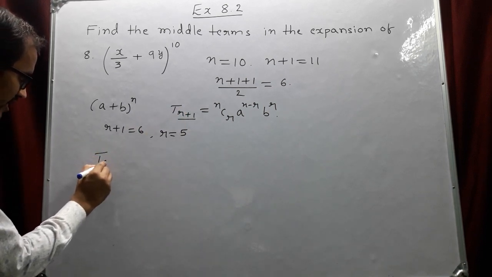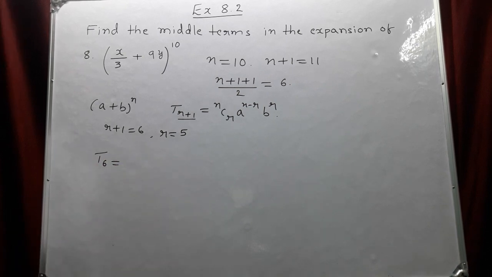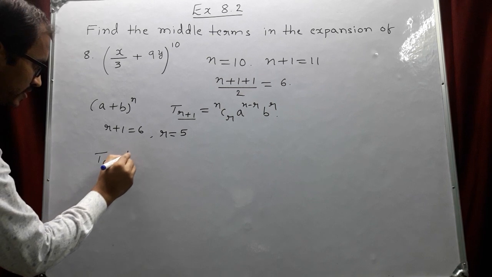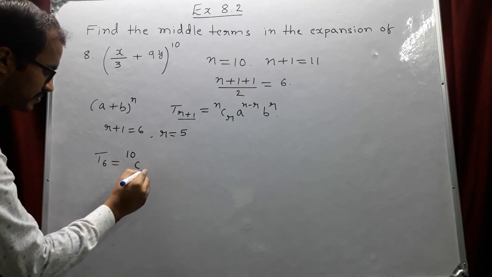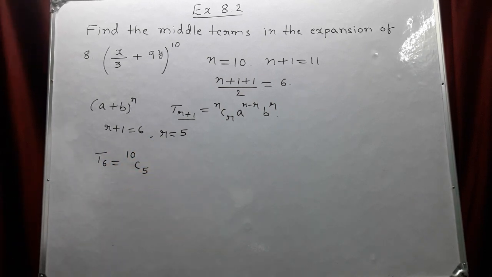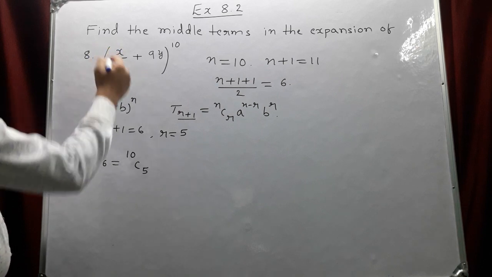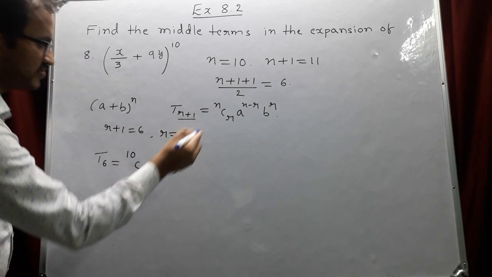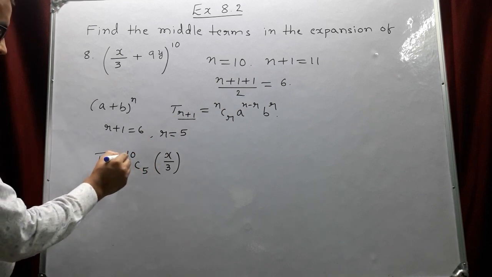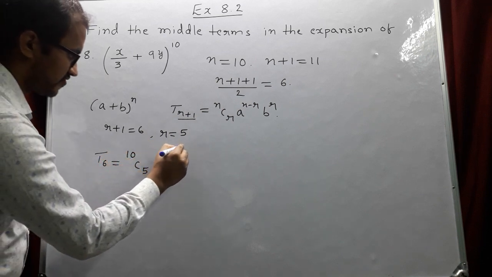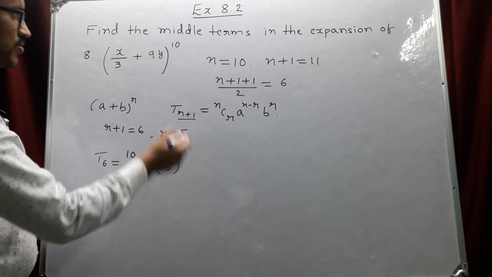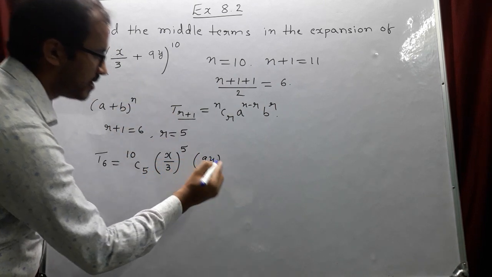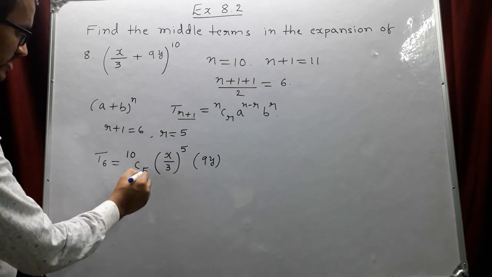So we get T6 is equal to nCr, the n value is 10, 10C, the r value is 5. The a value is (x by 3) power n minus r, 10 minus 5 becomes 5, into the b value, (9y) power r, the r value is 5.